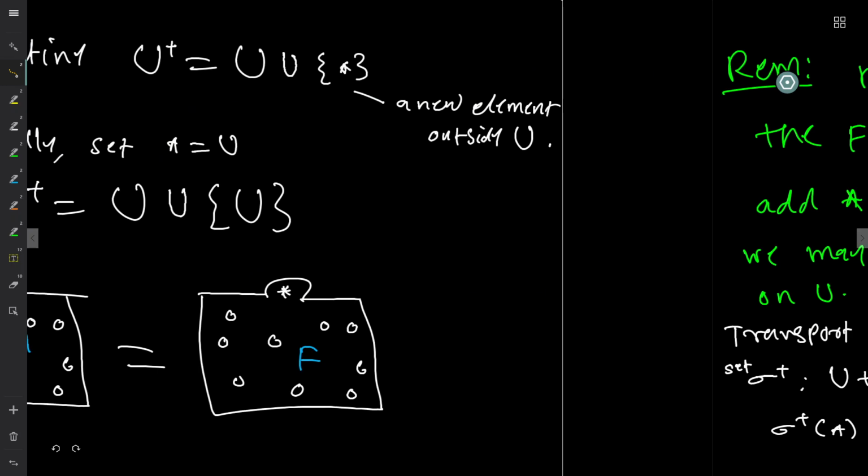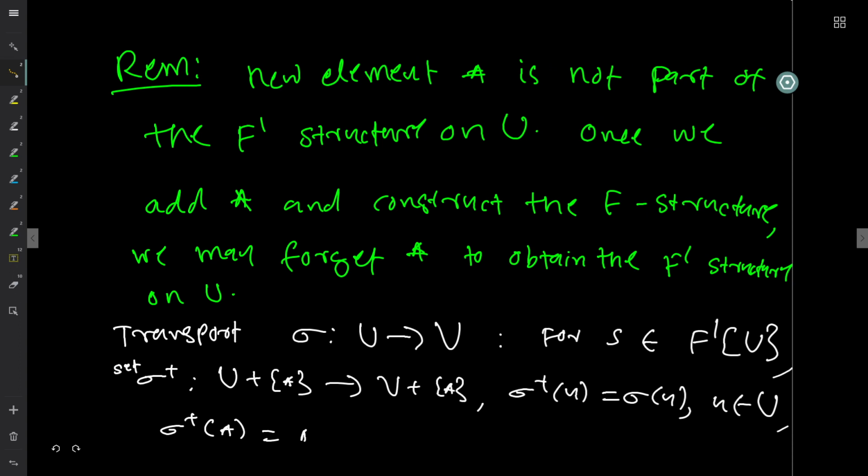Now, one question that may arise is how do you define the transport of structures? So sigma is a map from U to V. We have to make sure that this sigma is not affected when we extend it. So we are going to extend sigma to, let's say, sigma plus, where sigma plus goes from U plus star to V plus star.